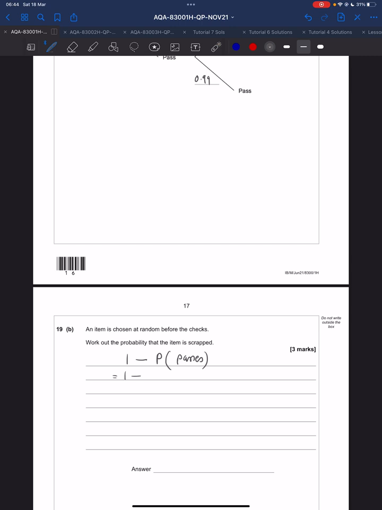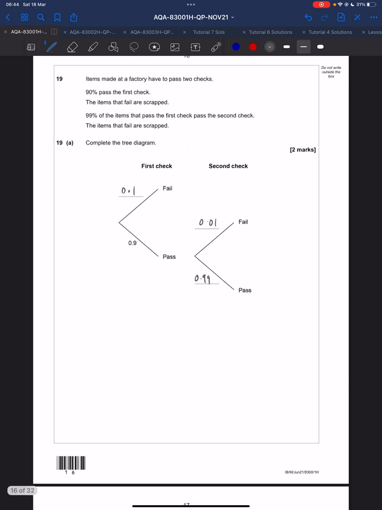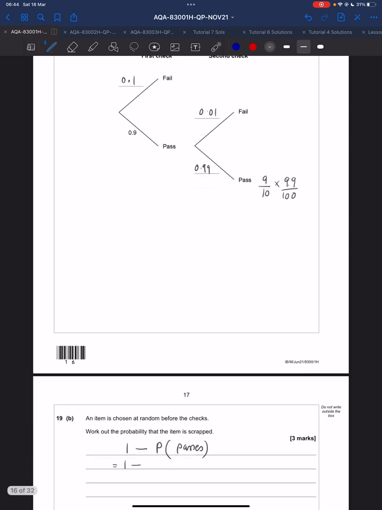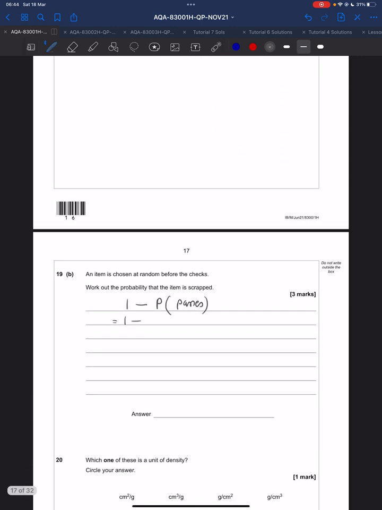So it's 1 minus, and the probability of a pass is 9/10 times 99 out of 100. So I've got to do 9 times 99 now. 9 nines are 81. Plus 8 is 89.